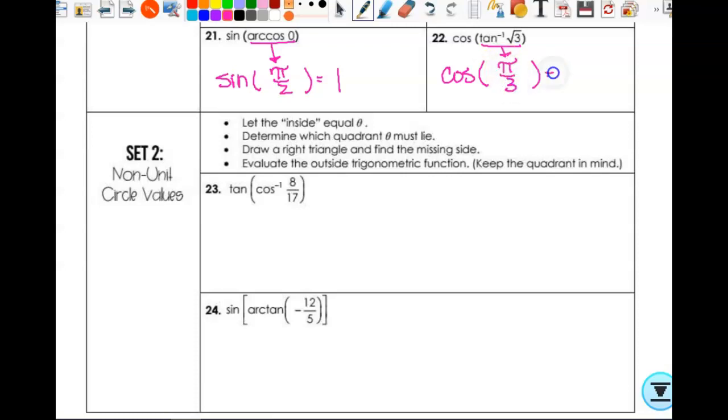And then what is the cosine of pi thirds? Hold up your hand. Pi thirds. This is cosine. What does that represent? If you don't speak, I can't help you.